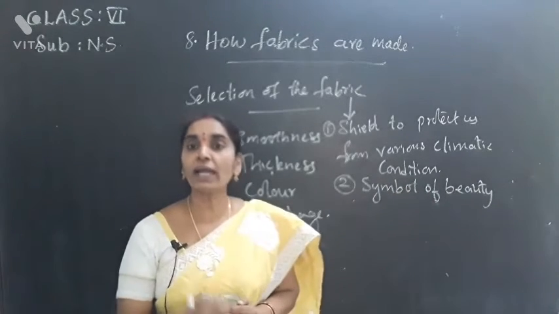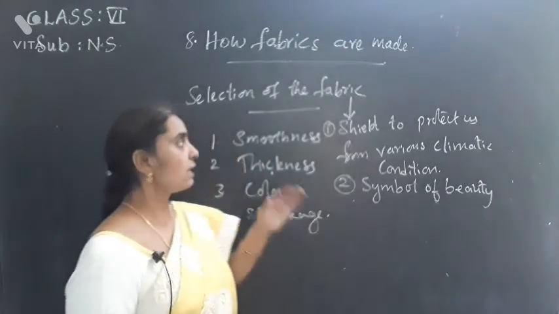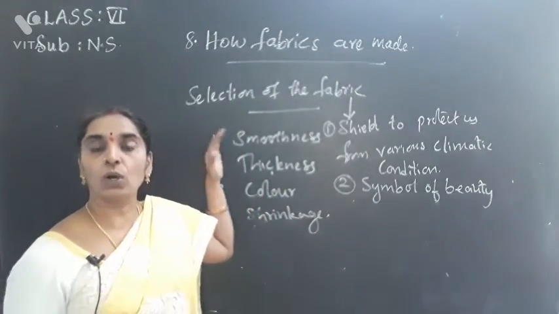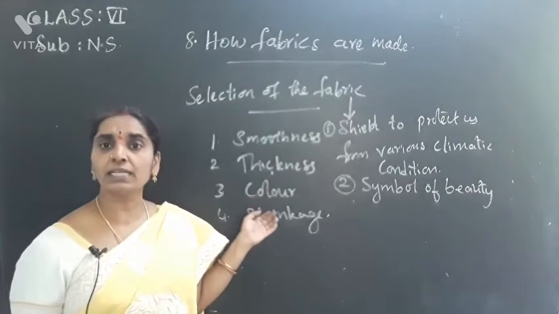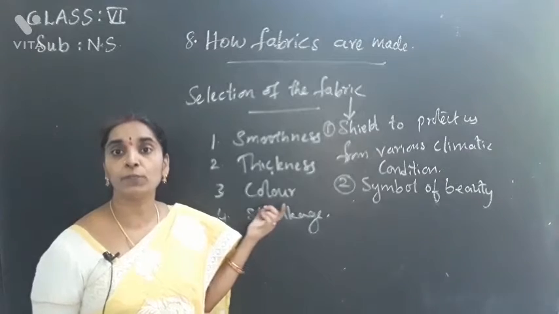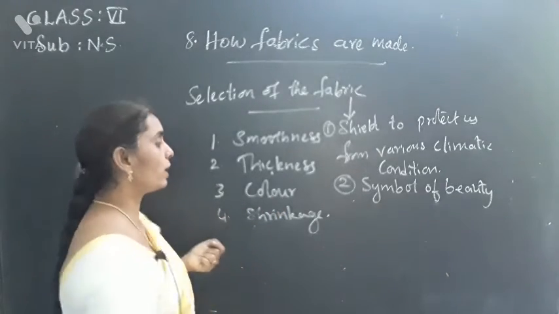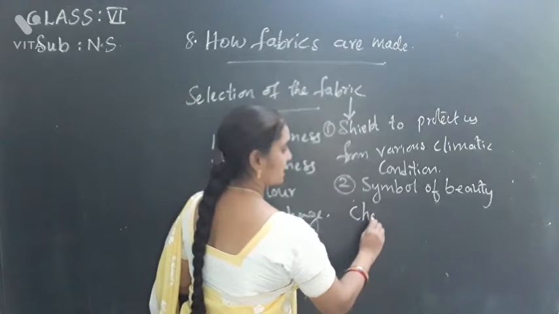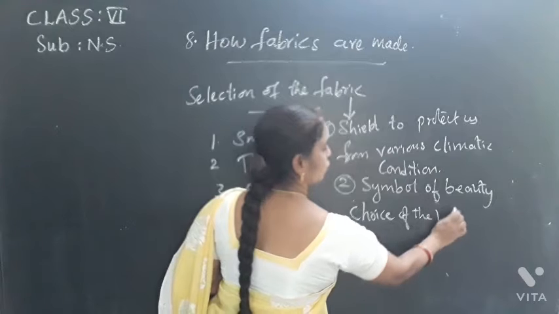So on what factors do we select a cloth? We select clothes based on its smoothness or thickness or color. It depends upon the choice of the individual. Personal choice, we say it. Choice of the individual means personal choice.